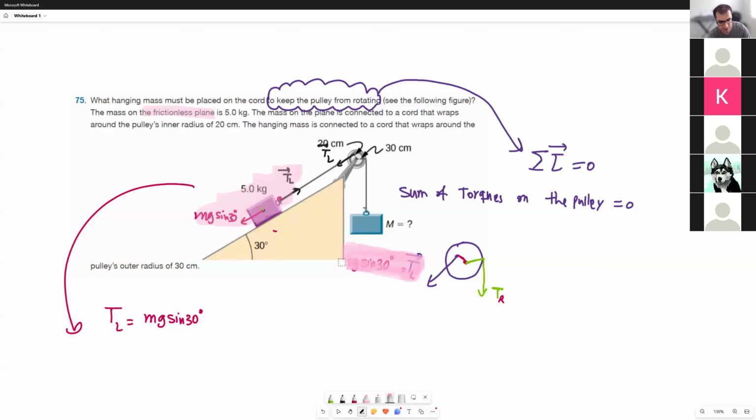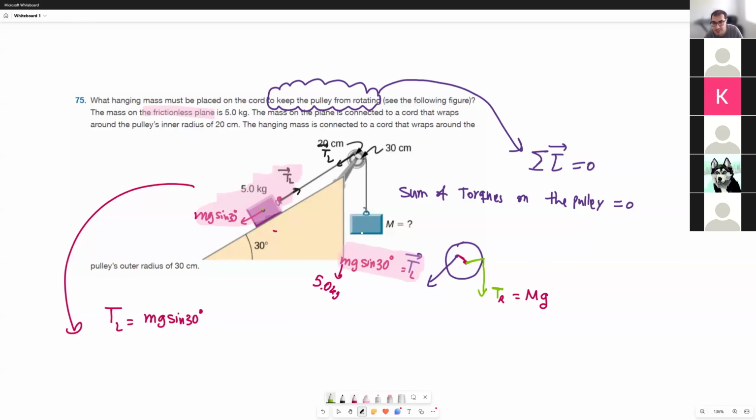The only thing I wanted to say here, this M is 5.0 kilograms. Keep that in mind. This TR is going to be equal to this big mg.